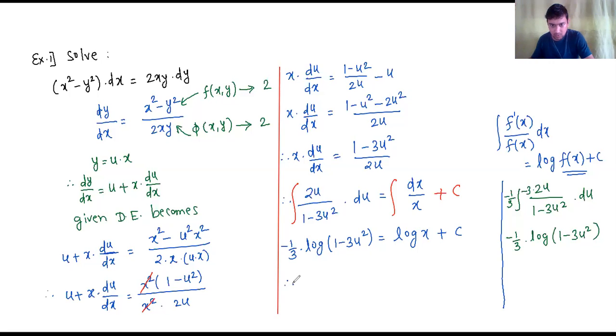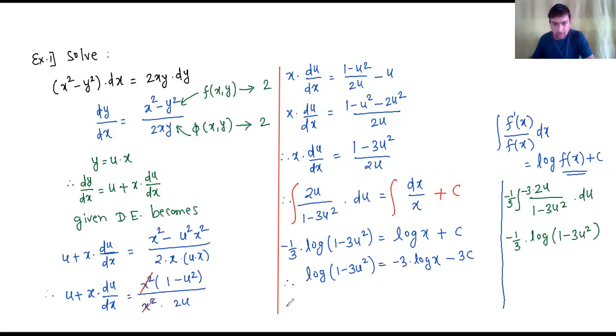Okay, so we can write, क्या लिख सकते हैं हम? 3 से मल्टीप्लाई कर लेते हैं. ओके, तो -3 से ये क्या बन जाएगा? log 1 minus 3u square which is equal to -3 into log x minus 3c.